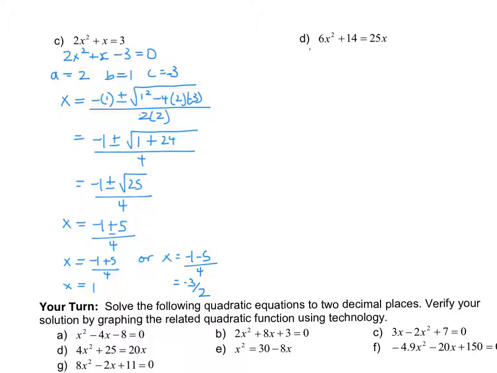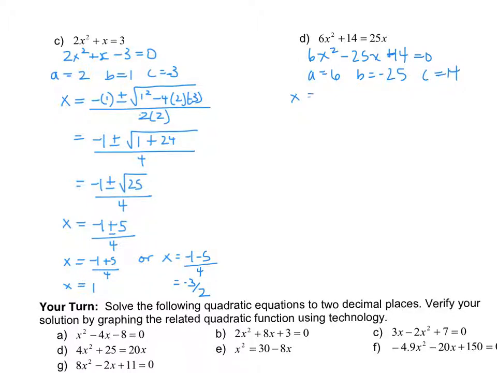Okay, so we need to get the 0 on one side, and that means I would have 6x squared minus 25x plus 14 equaling 0. My a value is 6. My b value is negative 25. My c value is 14, positive 14 there.